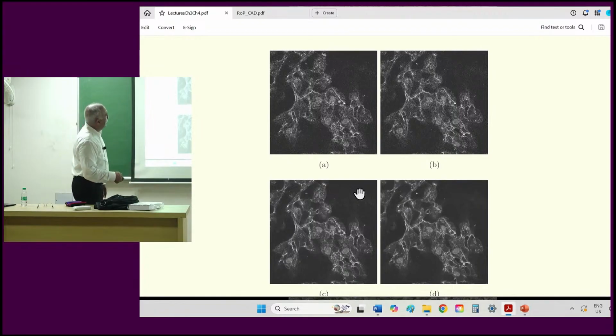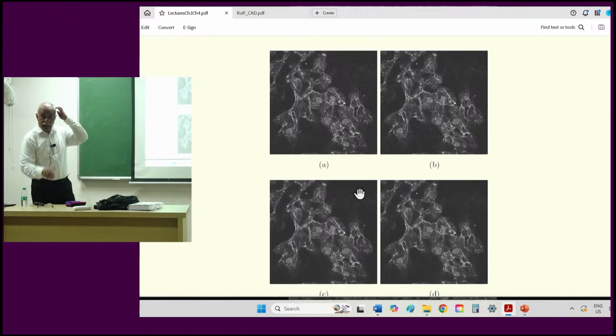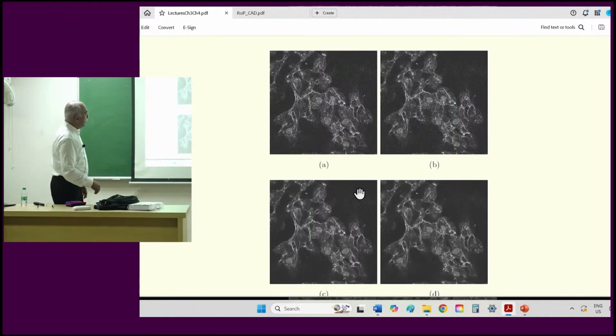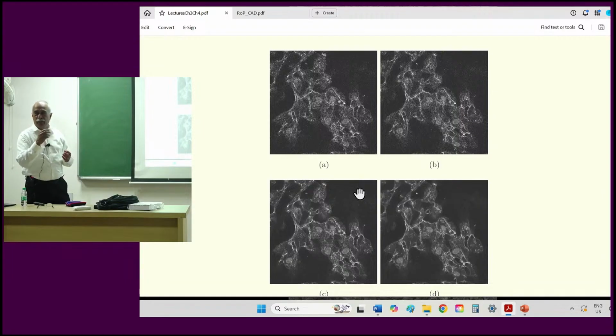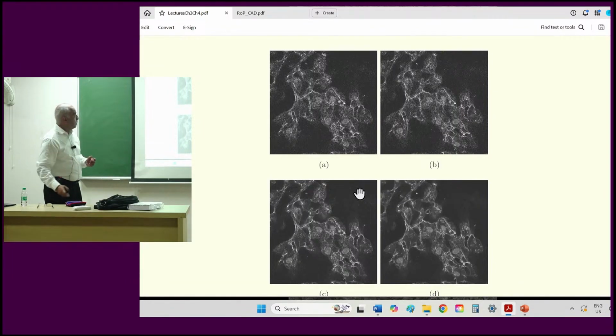The details are a little sharper, but the noise is reduced. These are real acquisitions of a real sample. The noise is inherent in the process of acquiring the image, and also comes from the photomultiplier tube. When you amplify the signal, noise is amplified. Okay?